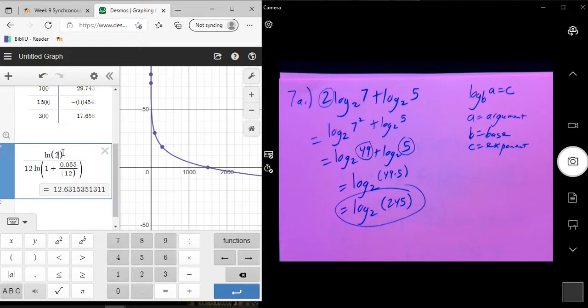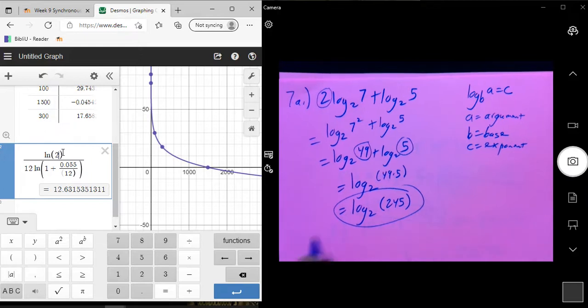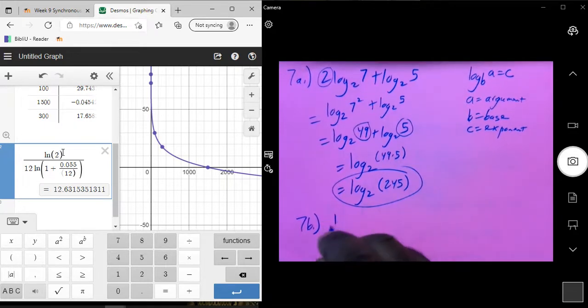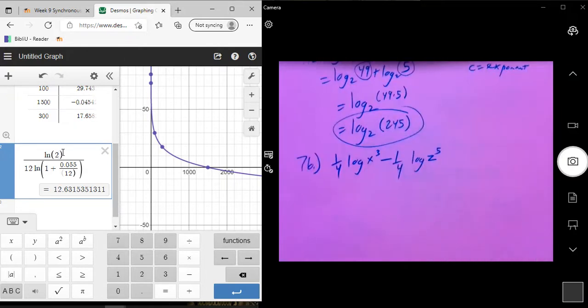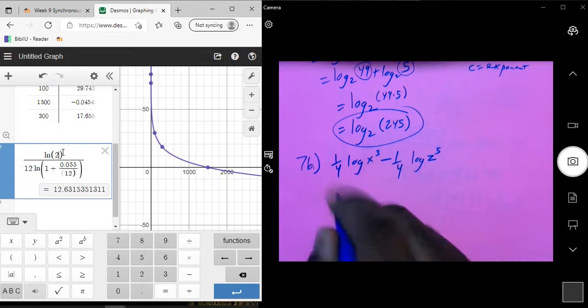All right, so let's take a look here at 7b. We have 1/4 log x cubed minus 1/4 log z to the 5th. Just like in a previous problem, the value multiplied to the log is its exponent.